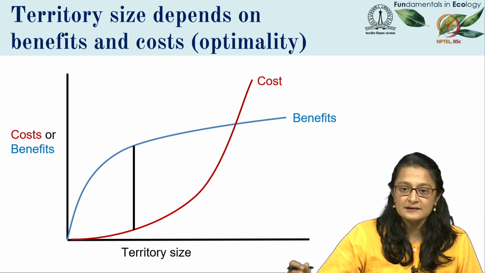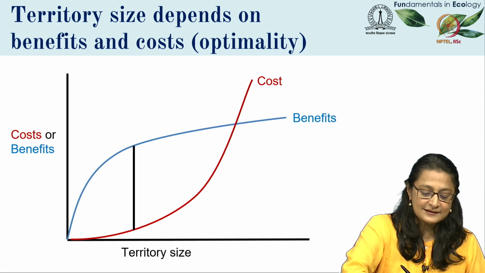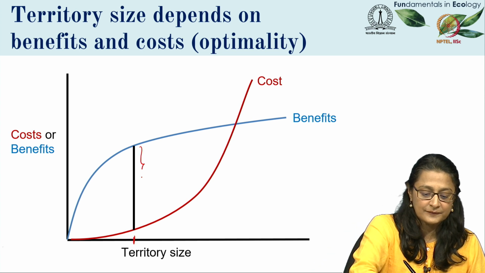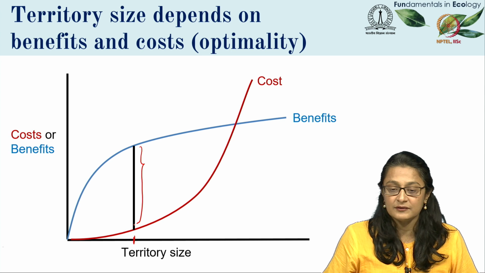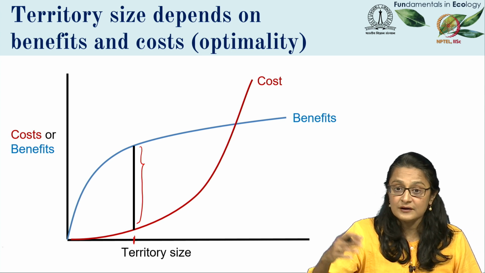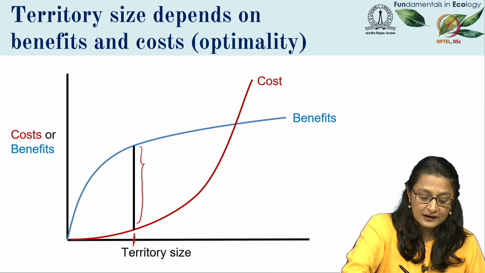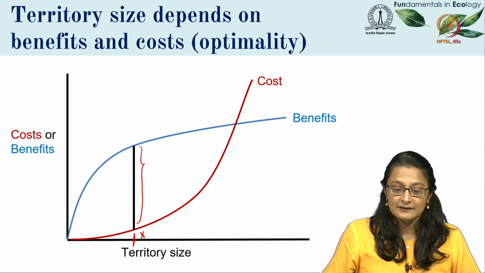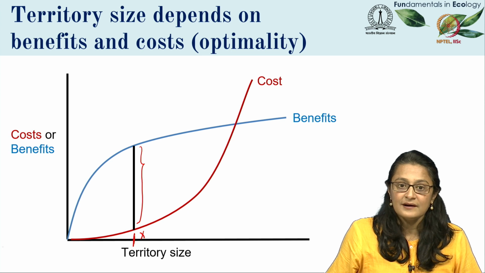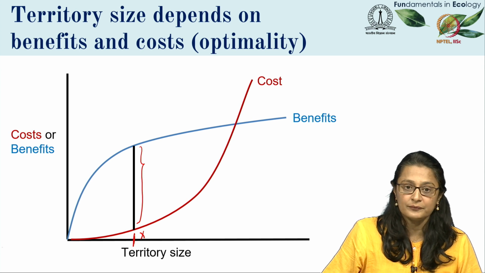What is the highest benefit with the lowest cost? And that's this point that I indicate here. This is the highest benefit to cost. And so for a species that has a cost curve that looks like this and a benefit curve that looks like this, territory size should be there. So territory size depends on both benefits and cost in the same optimality approach that we had used before.